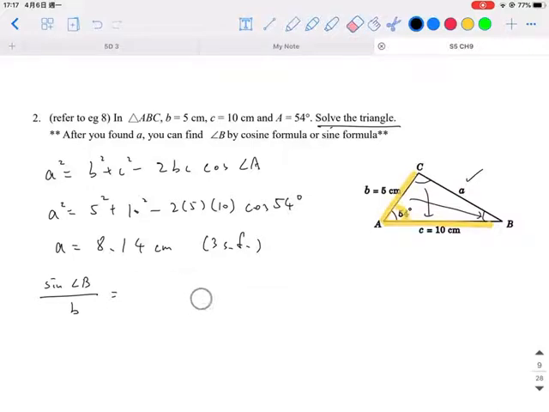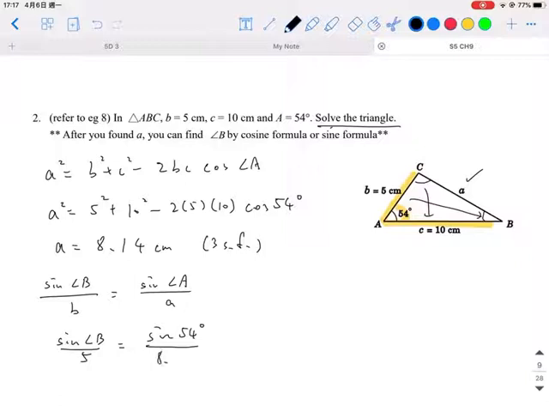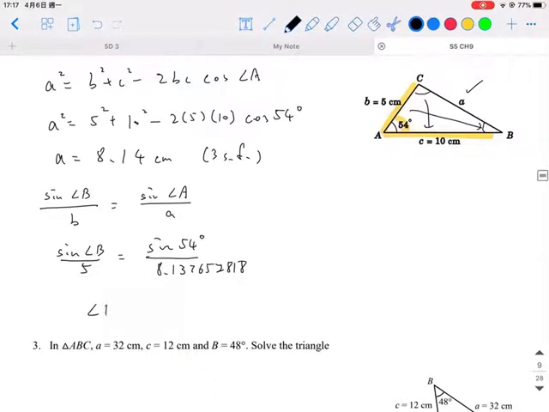You can find angle B first, so sine angle B over 5, substituting the value of a, the length except small letter a. So this is sine 54 degrees over 8.1 something. I save it in the calculator, and then you will get angle B is equal to 29.8 degrees.